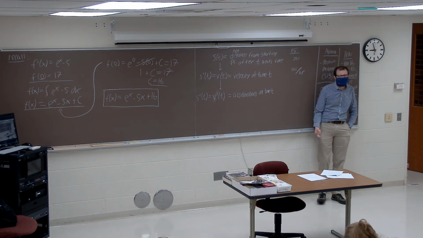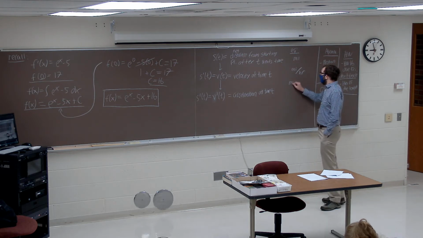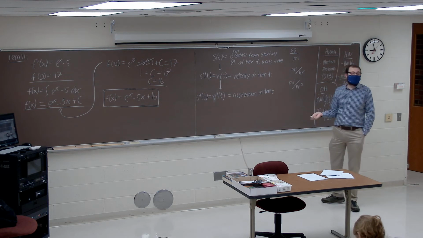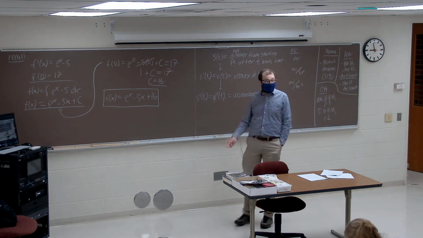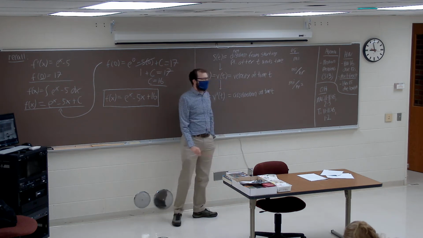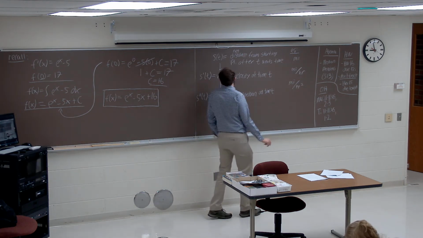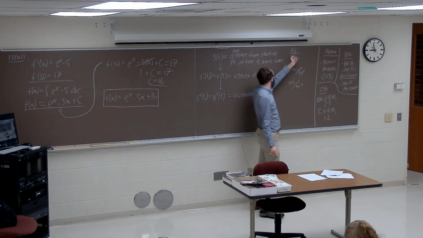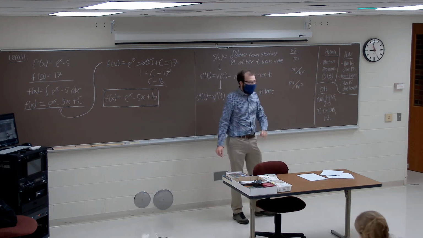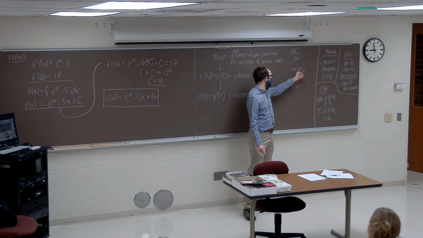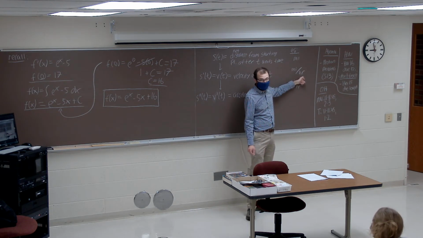Miles per hour squared. Yeah, it's going to be miles per hour squared. Or miles per hour per hour, if you prefer, if you're one of those crazy people out there who likes fractions within fractions. So in general, the rule of thumb for units going from distance to velocity to acceleration is whenever you differentiate, you divide by your time unit.